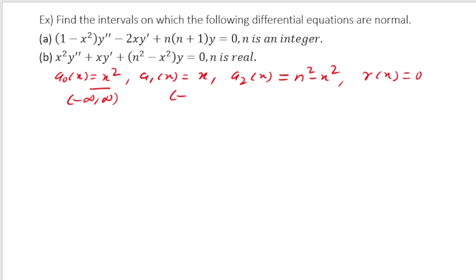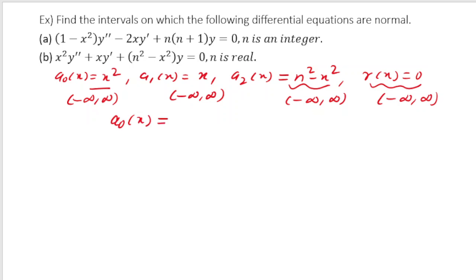This is a polynomial continuous in minus infinity to infinity. This is a polynomial continuous in minus infinity to infinity. This is a constant function, so continuous in minus infinity to infinity. All these coefficients along with the right hand side are continuous everywhere. There is no problem with that. But the second requirement is that a naught x should not be equal to 0, meaning x square should not be equal to 0.